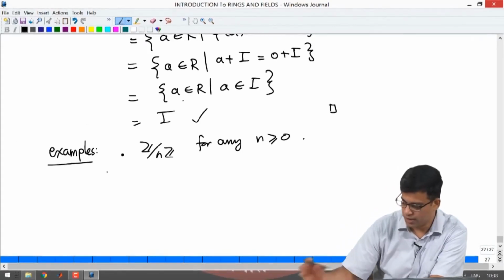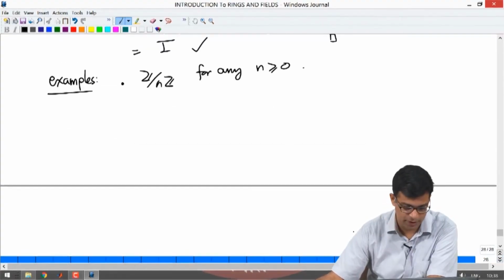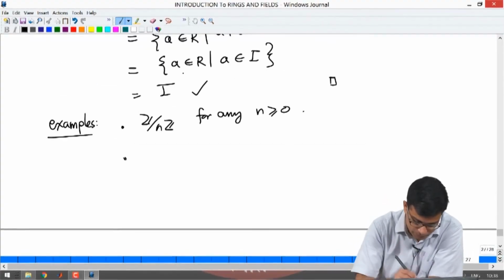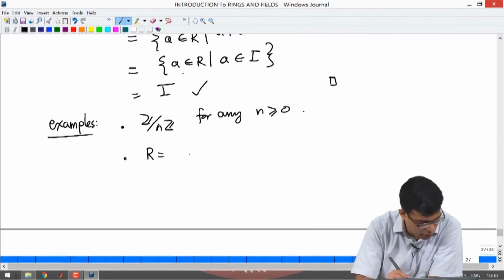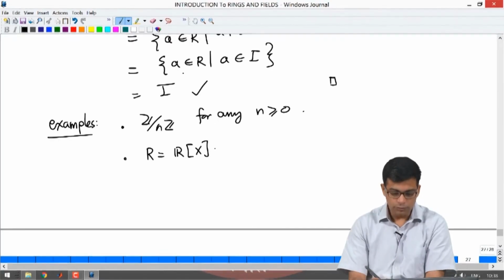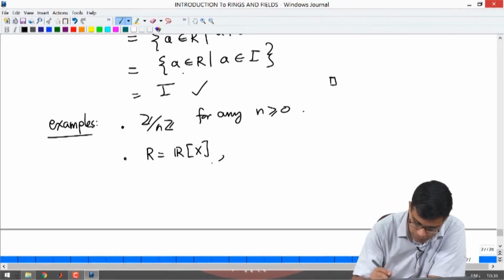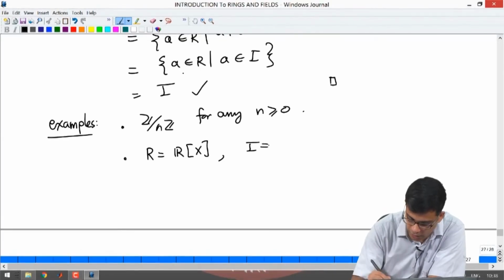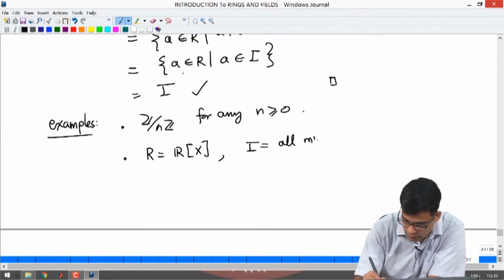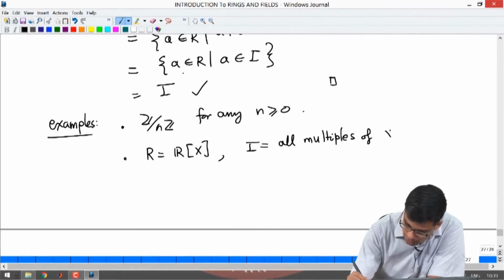Okay. So, let us look at something different, and this will also anticipate something that I want to do next. Let us take R to be the polynomial ring in one variable and the ideal I to be all multiples of the polynomial x squared plus 1.